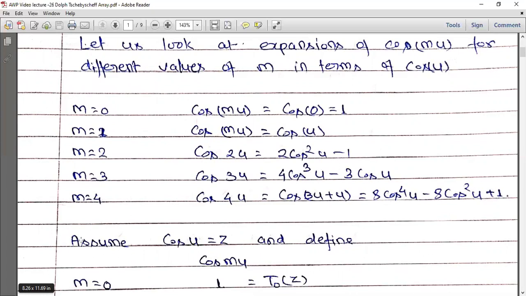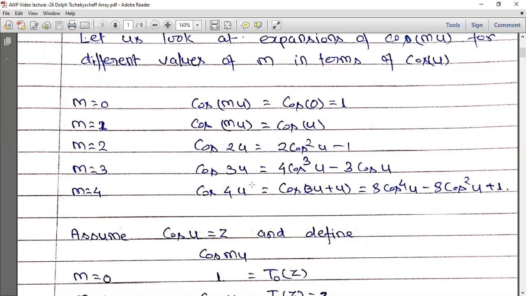Okay, now if we assume cos u to be z, and in every one of these definitions of cos of mu for different values of m, we replace cos u by z. In that case, what you have is like this.